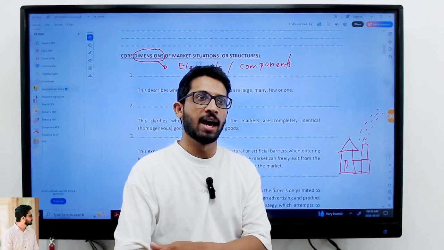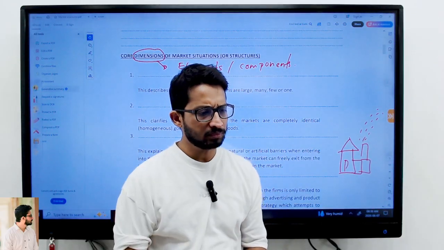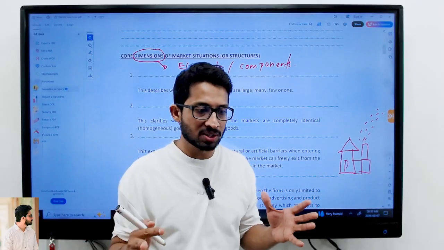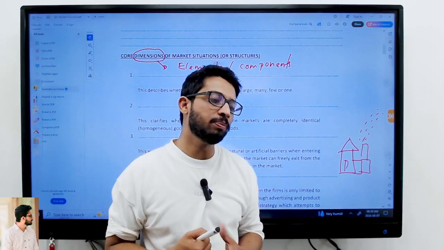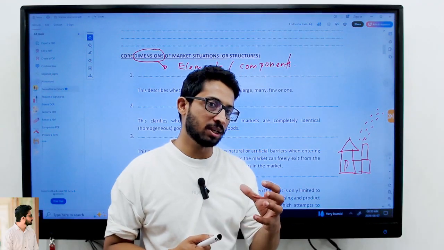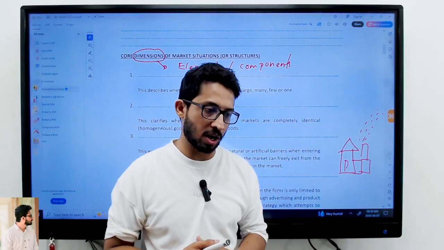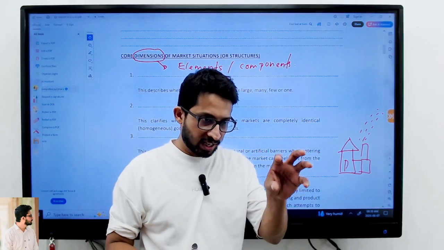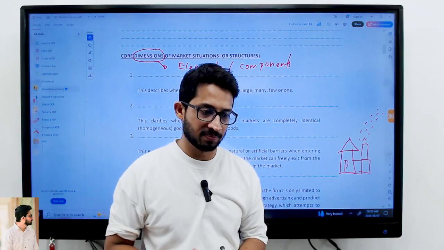And what else? Rooms, windows, doors. These are the common features, or common properties, of a house. Even though houses are different, we can identify some common features.